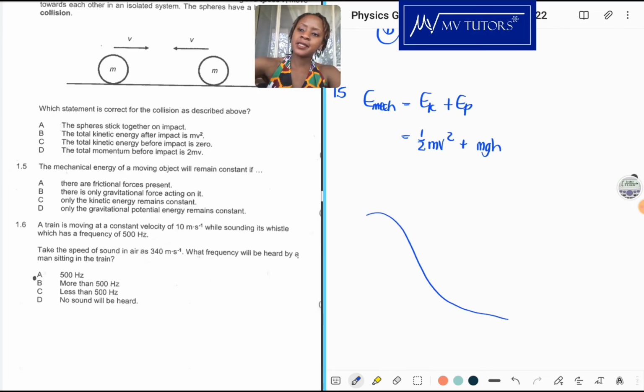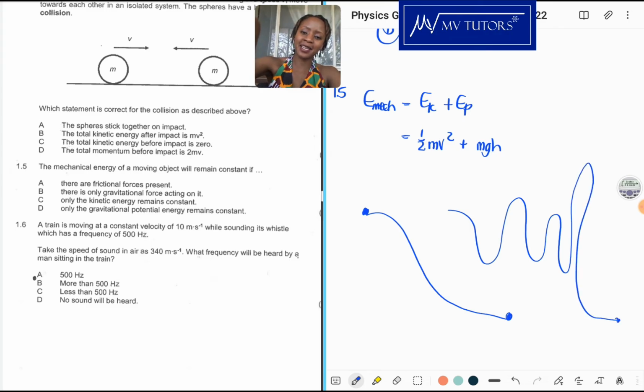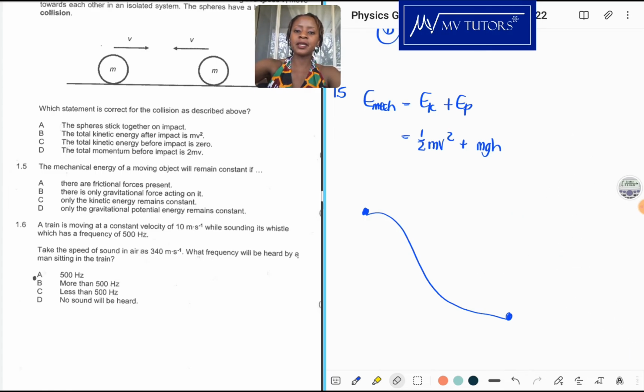Basically, your starting point and your final point matter, whatever happens in between. You catch my drift. So if we're looking at mechanical energy, I'm thinking simply a slide, maybe a roller coaster.